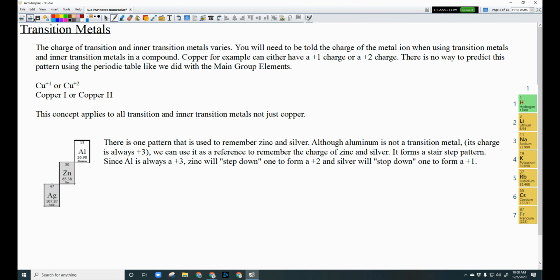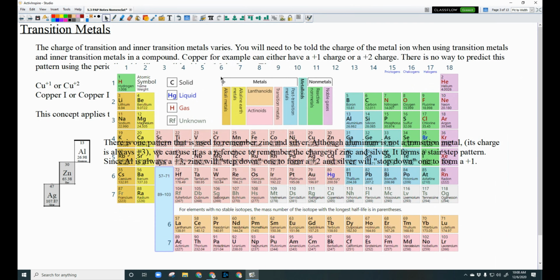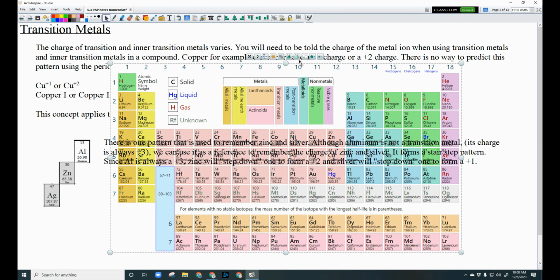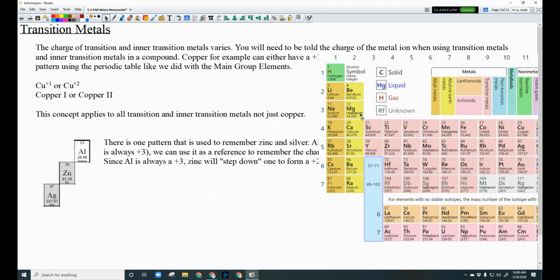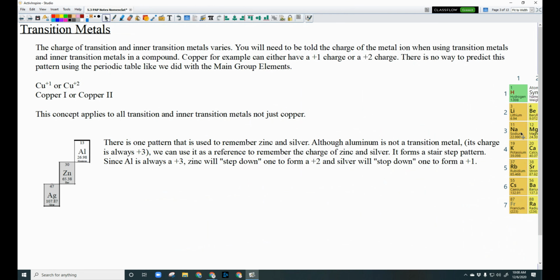Transition metals. We're going to start talking about them more and more. Remember, the transition metals are the metals in this center area, this pink section right here. We start talking about those in bonding because they get involved in bonding a lot.